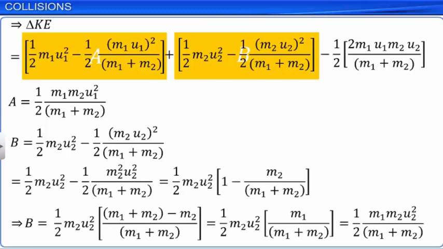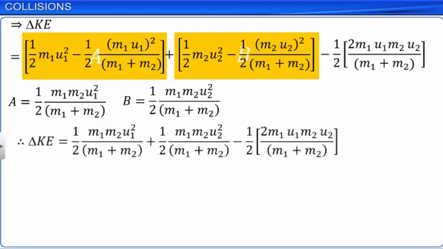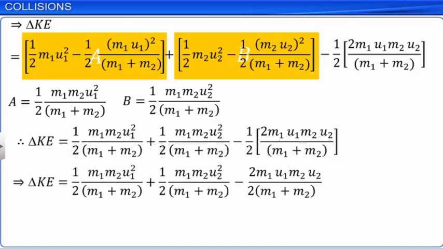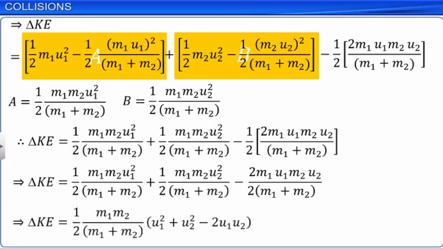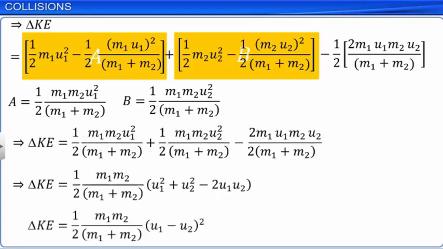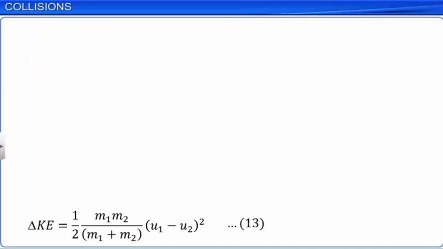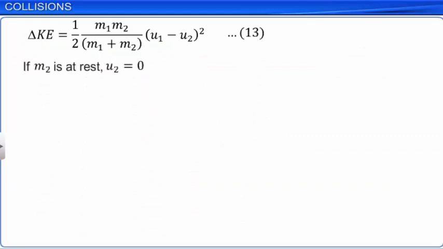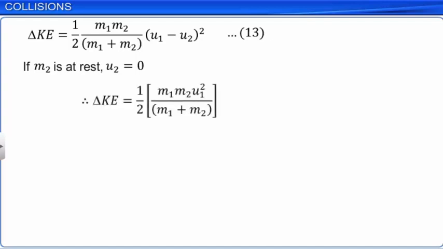Thus, the loss in kinetic energy in a completely inelastic collision, on further simplification, is half m1m2 by (m1 plus m2) into the square of (u1 minus u2). Let this be equation 13. In case the second body of mass m2 is at rest before the collision, we have u2 is equal to 0 and then the loss in kinetic energy is equal to half m1m2u1 square by (m1 plus m2).